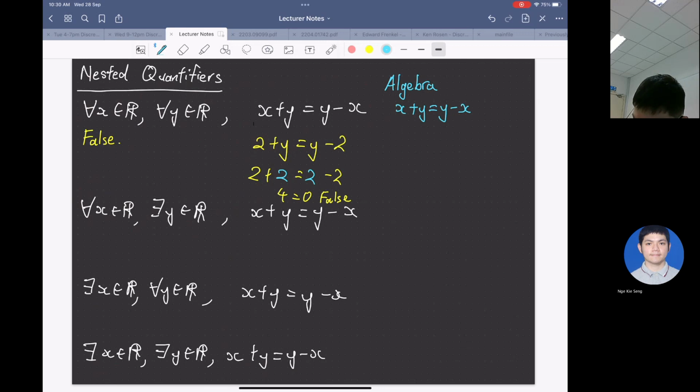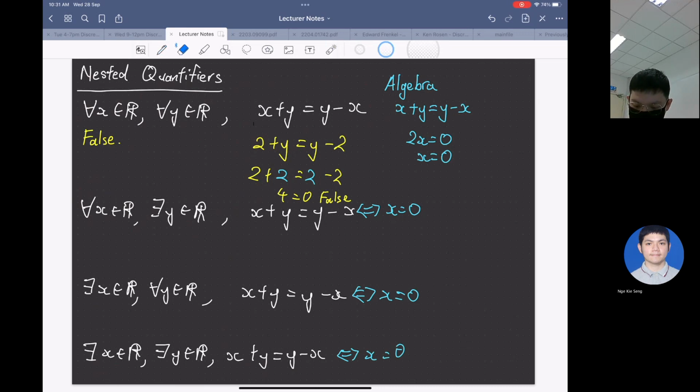So you get 2x equals 0, which means x equals 0. So all these statements I can replace with x equals 0. Of course, if you want to do the traditional way, you should do it.